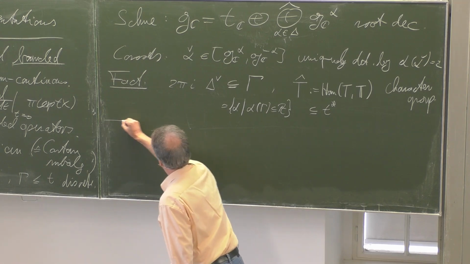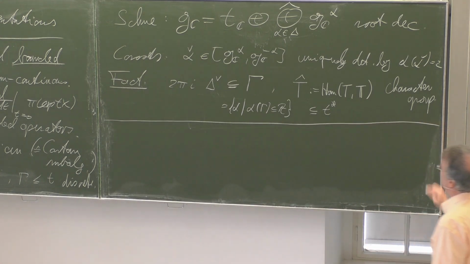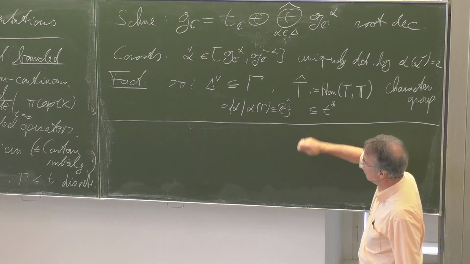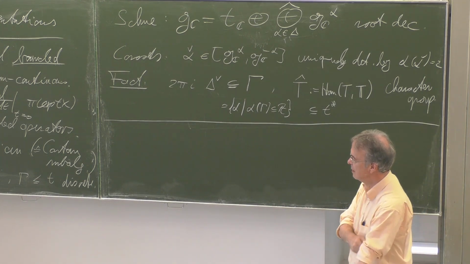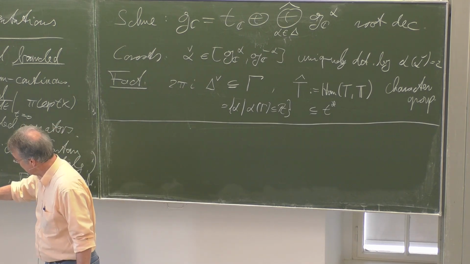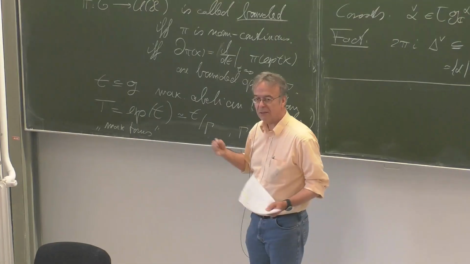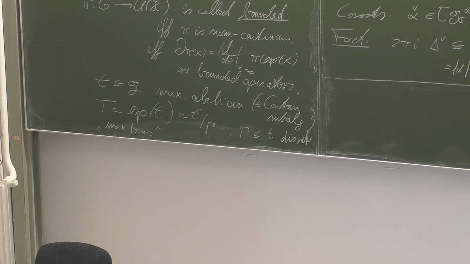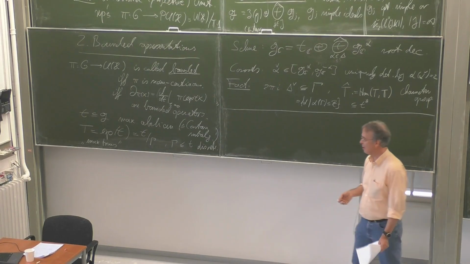Okay, so once you have this, you can already say something about the possible representations of T. And now these groups in the context of Banach spaces are also called toroidal groups because they look like tori.